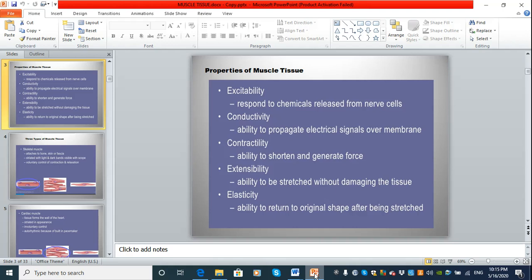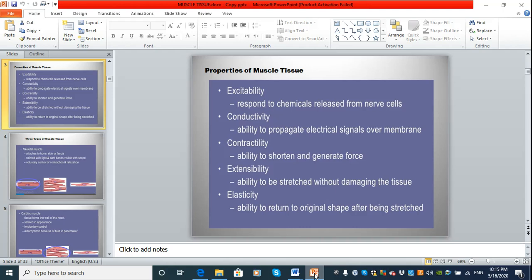I will start with excitability, which is responding to chemicals released from nerve cells, and conductivity, the ability to propagate electrical signals over the membrane. Then we have contractility, the ability to shorten and generate force. Then extensibility, the ability to stretch without damage.